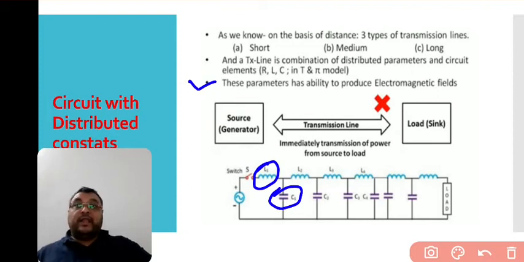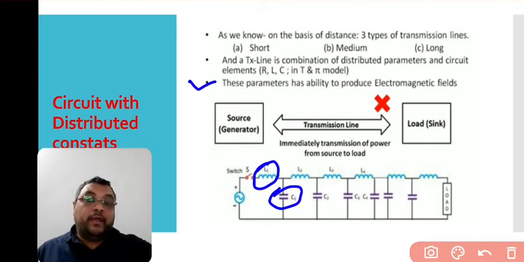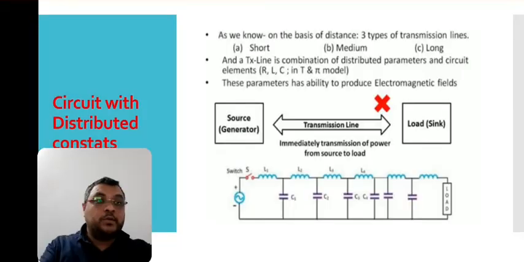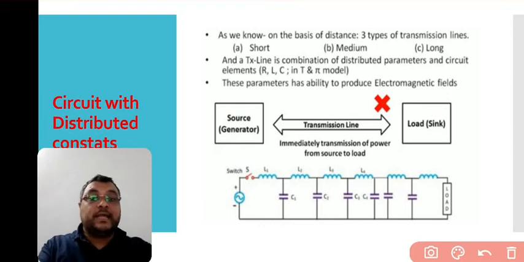Because whenever the supply is on, we know that it has the inherent properties, that is inductance and capacitance, which behave in this way. So inductors and capacitors have the ability to produce electromagnetic fields.